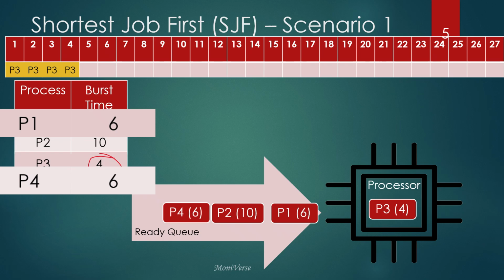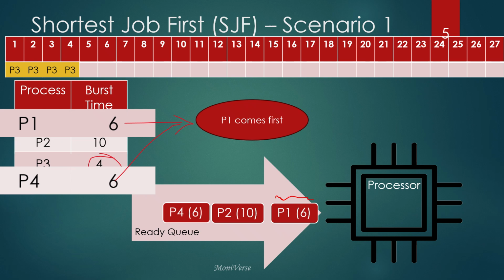There we find processes P1 and P4 with the same execution time of 6. So we have to see which job arrives first in the queue. P1 is first in the ready queue, so we are going to execute P1. P3 leaves the processor and P1 enters the processor.